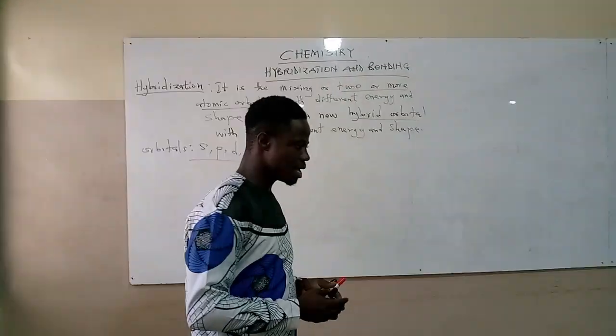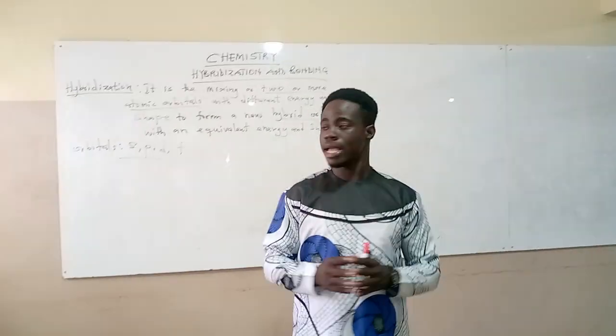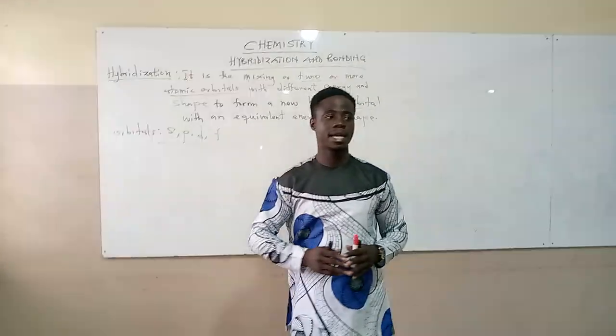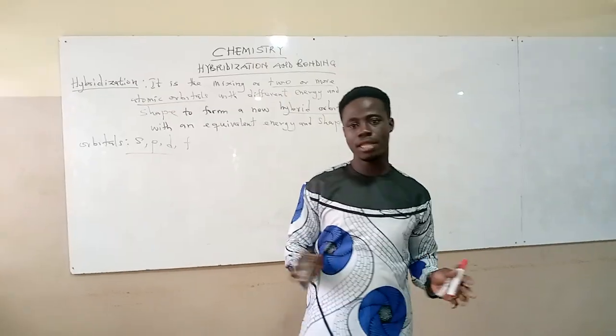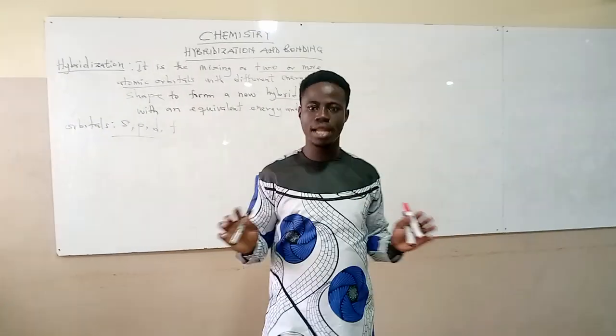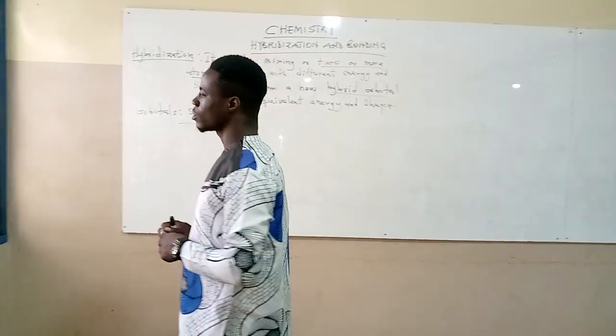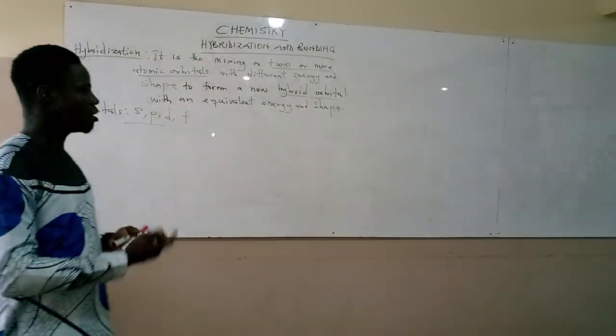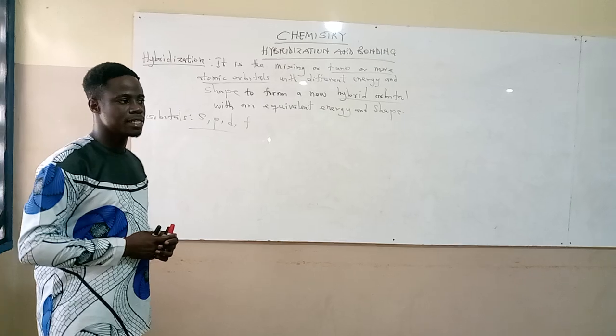But I have to say that when we pick hybridization, there is a concept you need to understand. Hybridization occurs in covalent molecules. You cannot pick something like an ionic compound and want to find its hybridization.